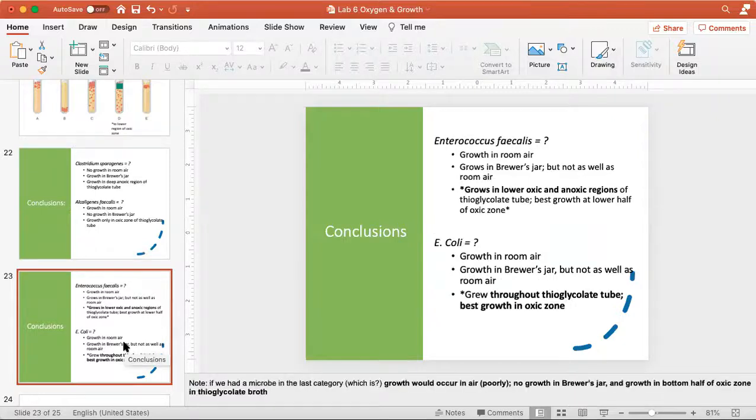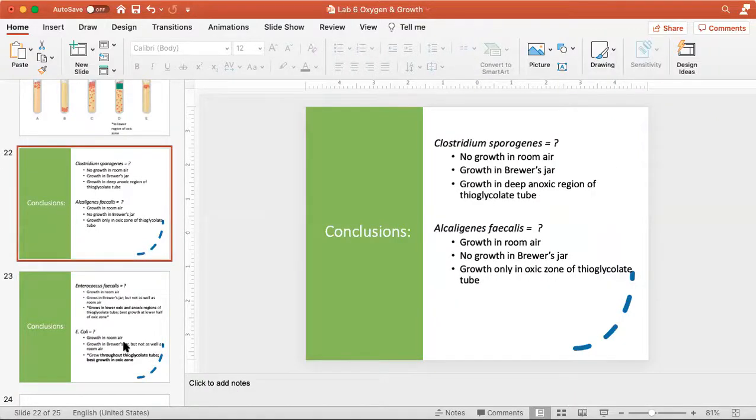All right. So these last couple of slides just have the conclusions that you've just told me. Clostridium sporogenes, we said, was an obligate anaerobe. It doesn't grow in room air, grows great in a brewer's jar, and grows deep down in the anoxic zone of the thioglycolate tube.